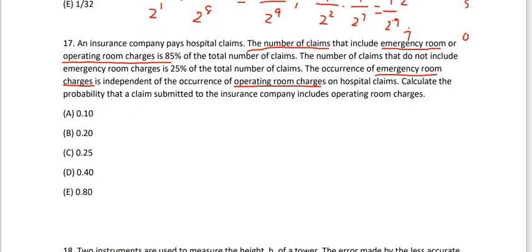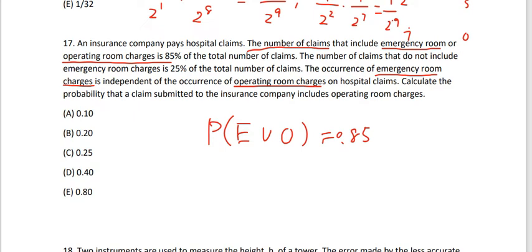We can use E for emergency room, and O for operating room. So E or O, such a probability is 85%. Right? 85% of the total.